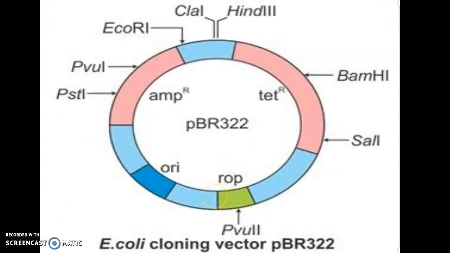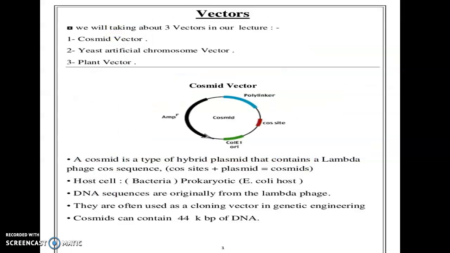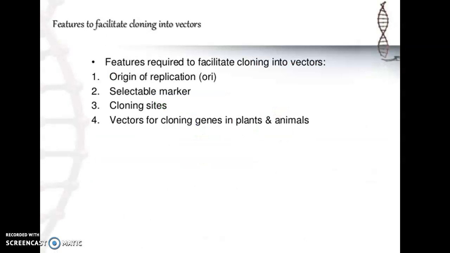Along with naturally occurring vectors, that is plasmid and bacteriophages, in biotechnology different types of artificially constructed plasmids are used. Those are artificially designed. They are of different types such as plasmid, cosmid, phasmid, and artificial chromosomes like YAC, BAC, MAC: yeast artificial chromosome, bacterial artificial chromosome, mammalian artificial chromosomes.